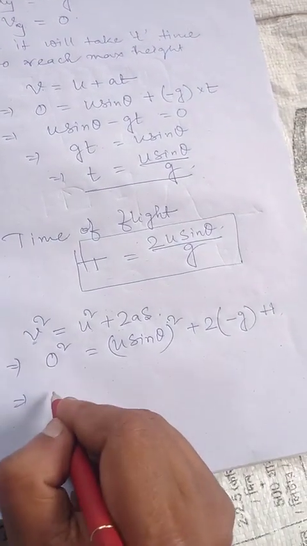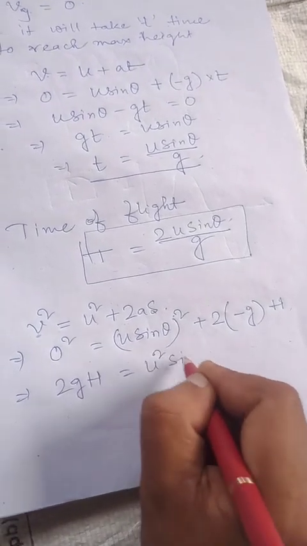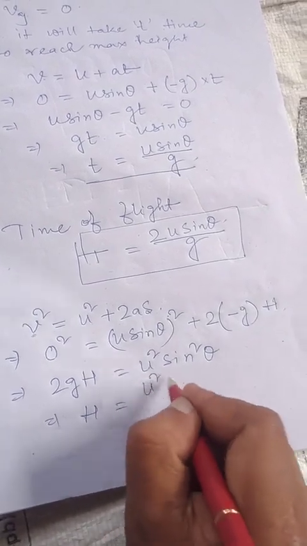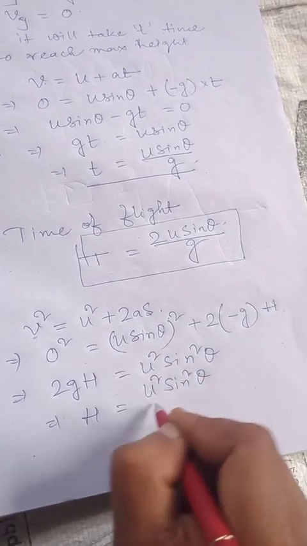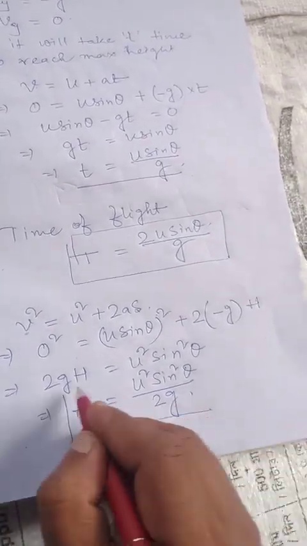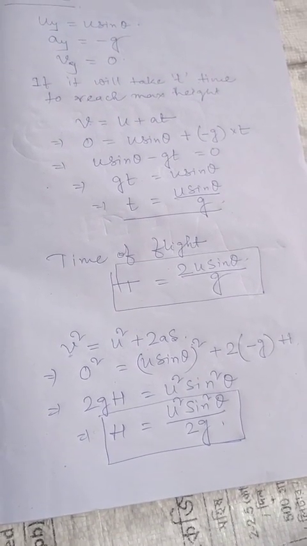So 2gh equals u square sin square theta, and h equals u square sin square theta divided by 2g. That is the maximum height reached for any projectile motion.